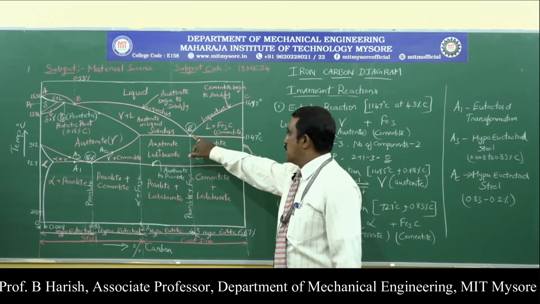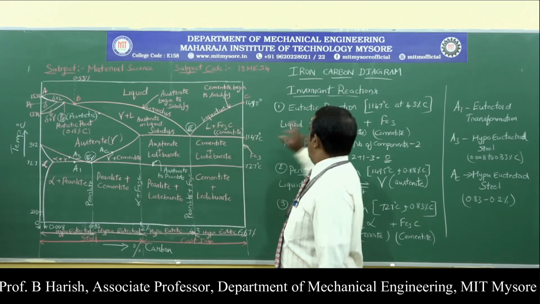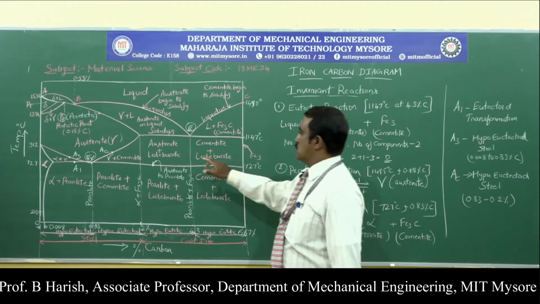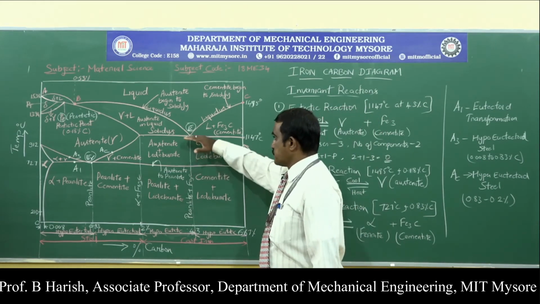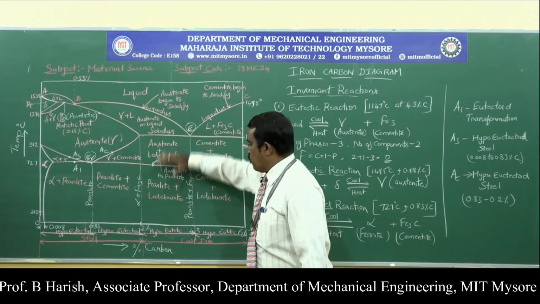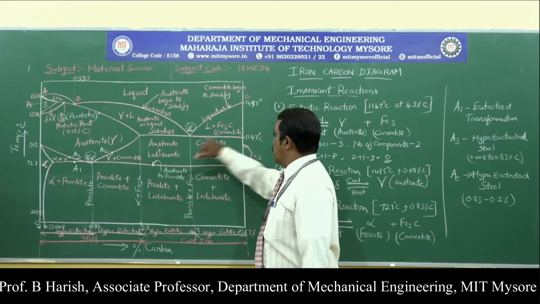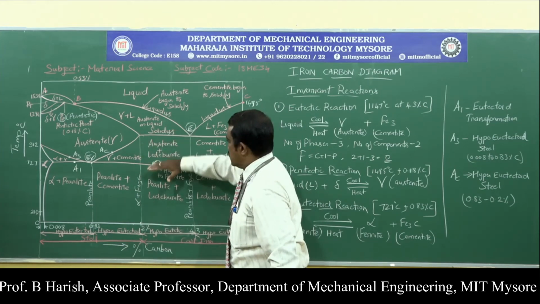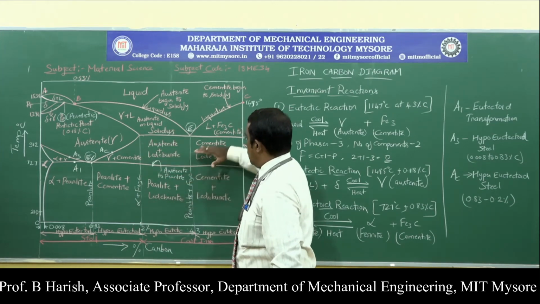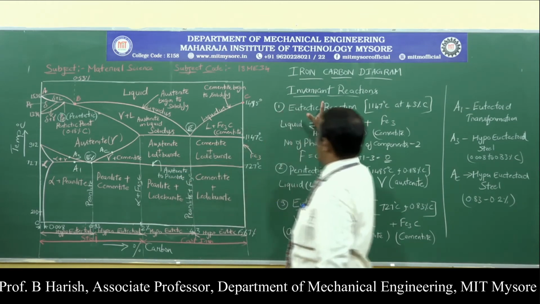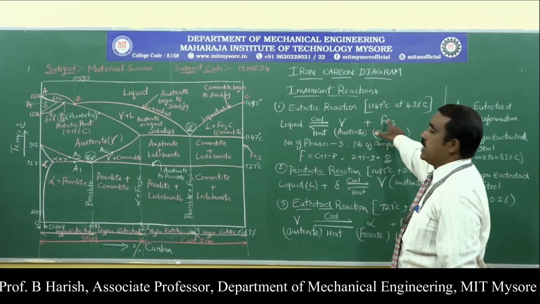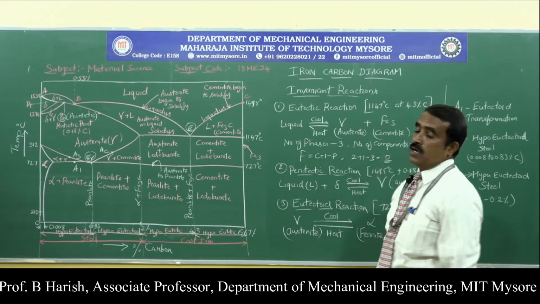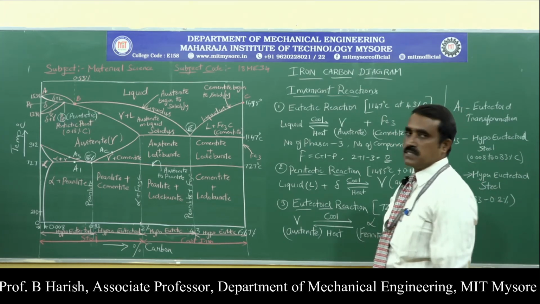So liquid on cooling gives austenite plus cementite. That is the first one, the eutectic reaction. It takes place at a temperature of 1147 degrees centigrade and carbon content is 4.3%.